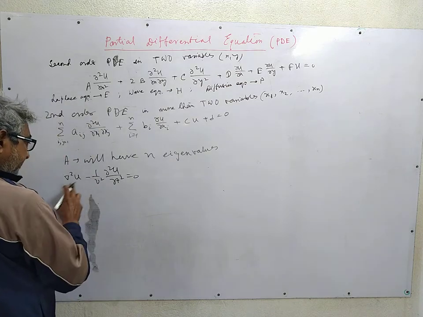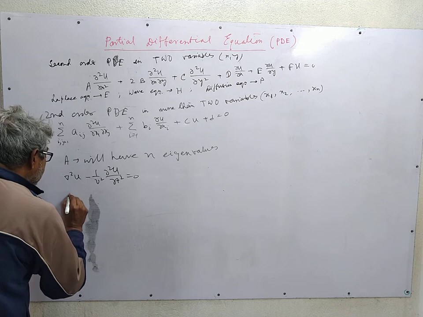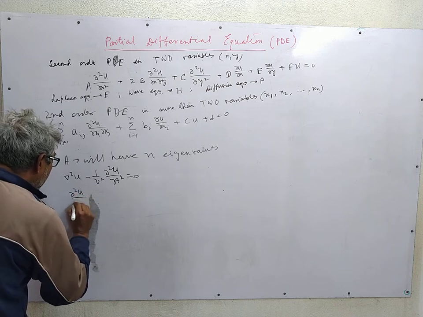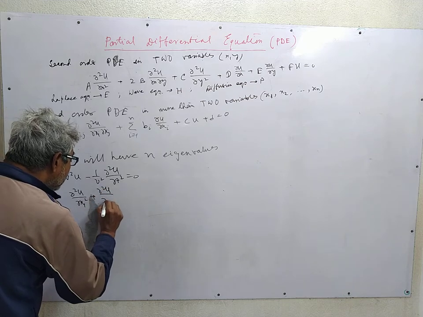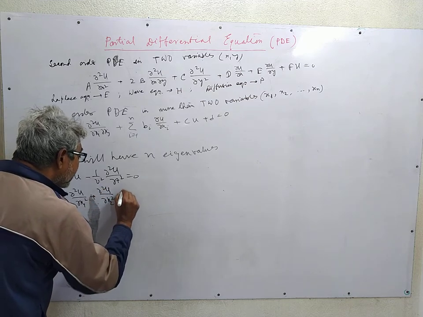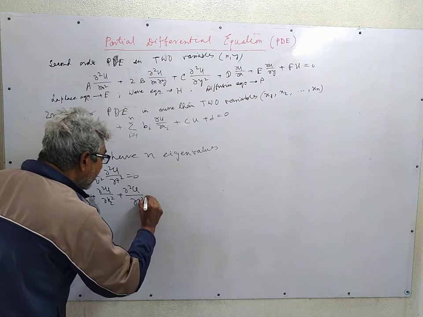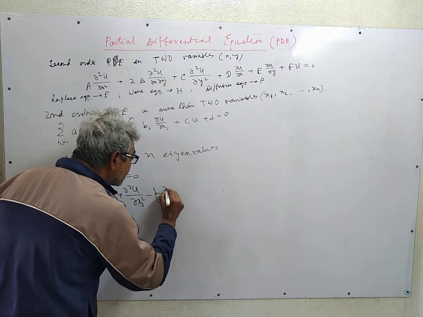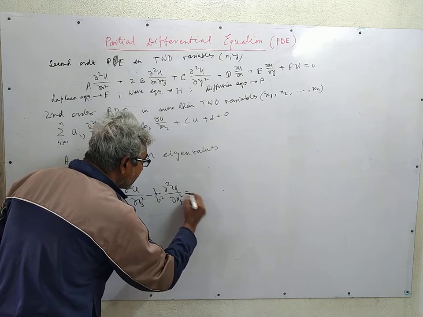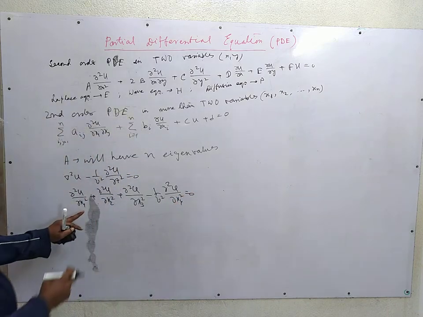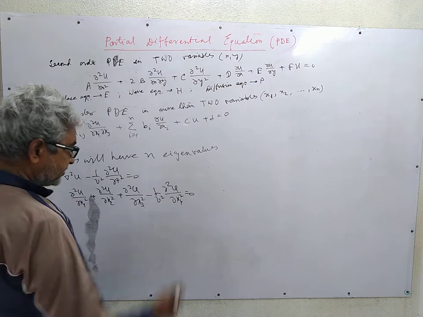If we write it out, this is del 2u del x1 2 plus del 2u del x2 2 plus del 2u del x3 2 minus 1 upon v square del 2u del x4 2 is equal to 0, where x1 is x, x2 is y, x3 is z, and x4 is t.